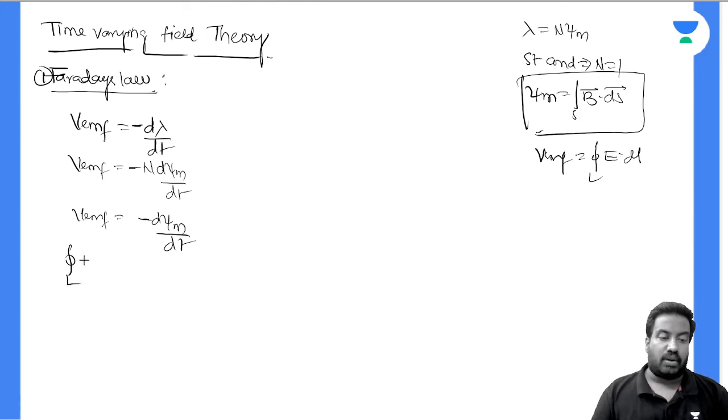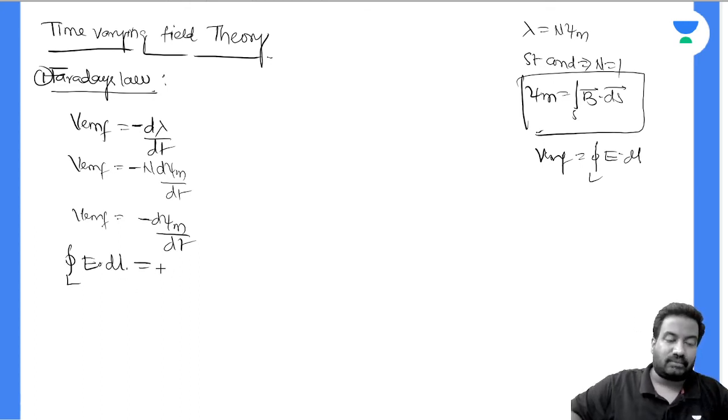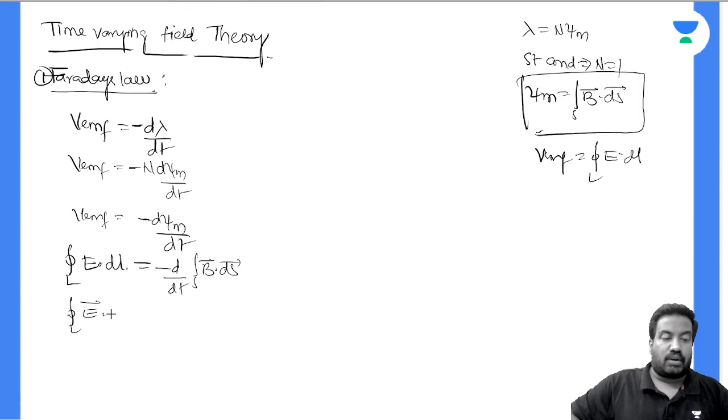VEMF is equal to the closed loop integral of E dot dl, which is equal to minus dou by dou t of the surface integral of B dot ds. The closed loop integral of E dot dl is the surface integral of minus dou B by dou t dot ds.